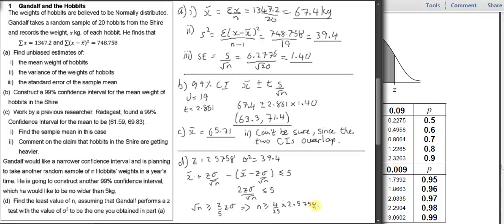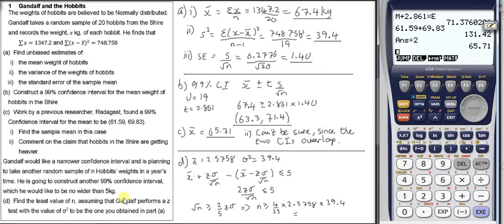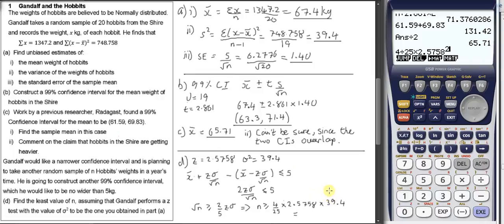2.5758 times 39.4, where 39.4 is s squared, the exact value, and that equals, calculator time, 4 divided by 25 multiplied by 2.5758 squared. Actually, I need a squared on here, don't I?